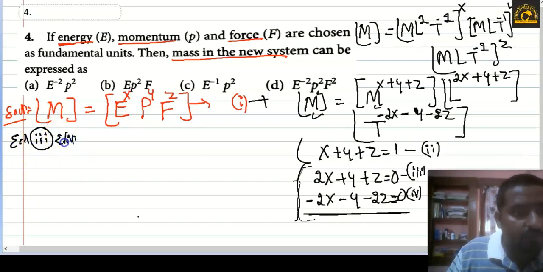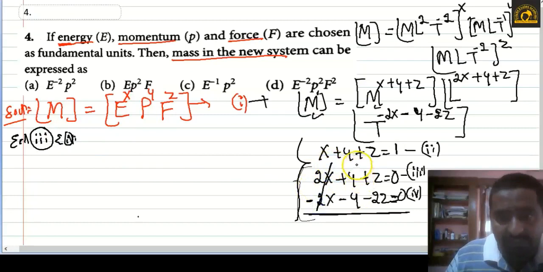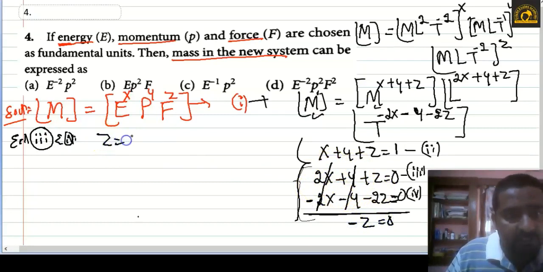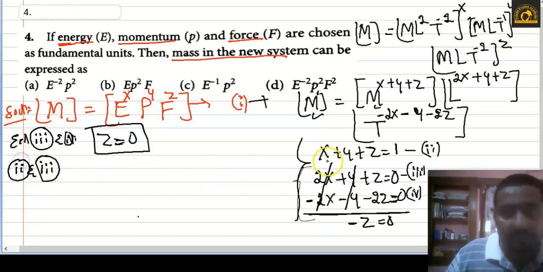So we get minus 2x plus 2x gets cancelled, minus z is equal to 0, that is the z value is equal to 0. Then equations 2 and 3 simplified, so y cancels, that is x is equal to 1.